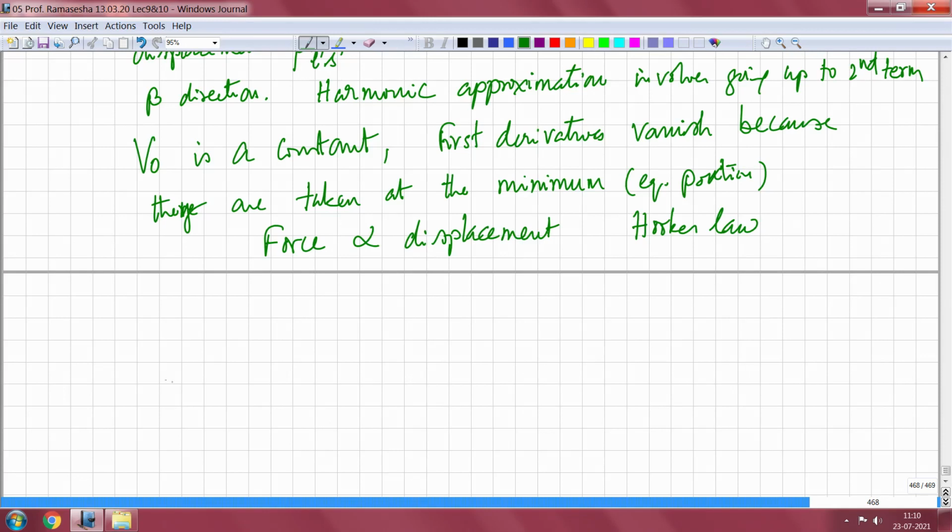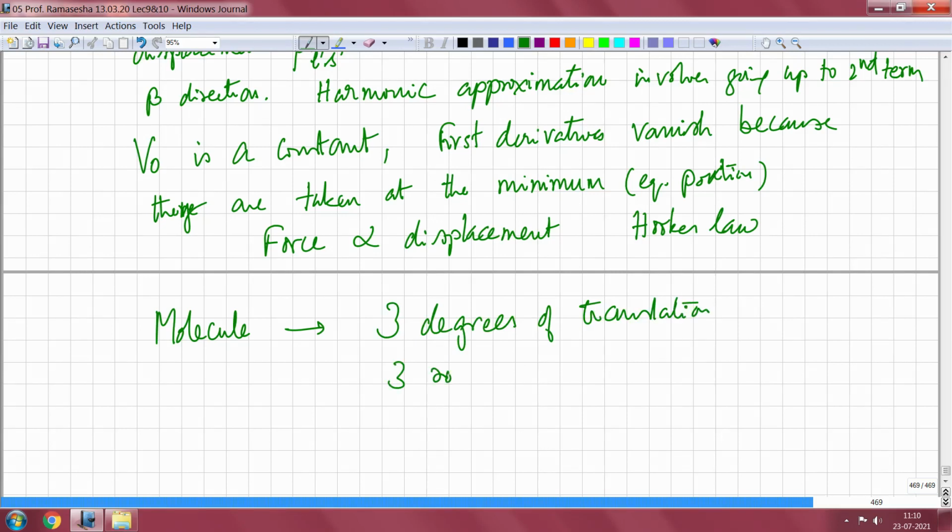So if you are dealing with a molecule, what happens is interesting. You have 3 degrees of translation of each molecule, and 3 rotations if it is a nonlinear molecule, and 3n minus 6 vibrations.